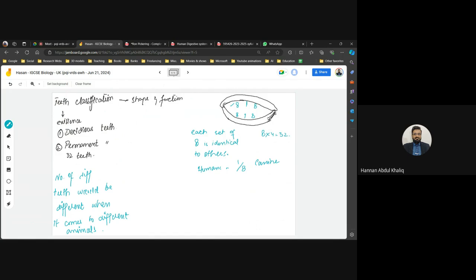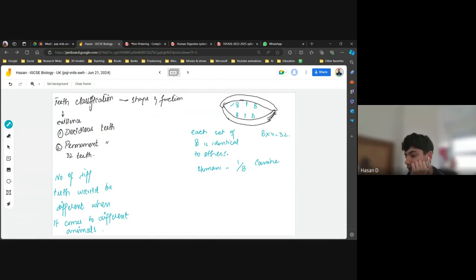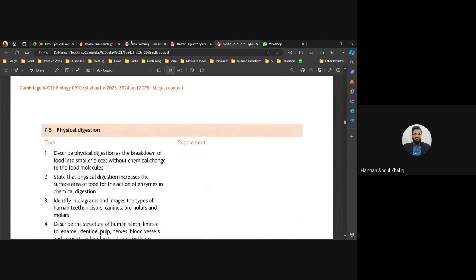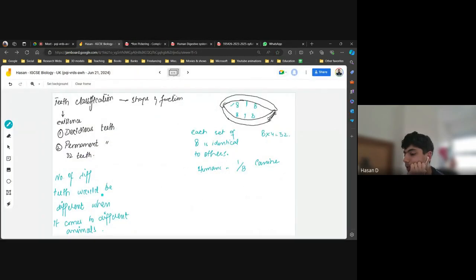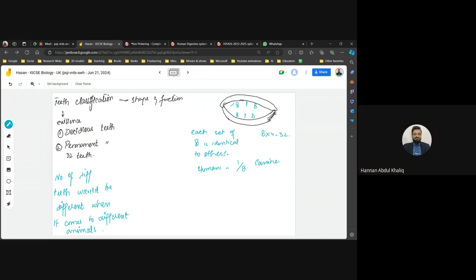Wait, this is hypothetical, right? That if they have four canines, right? Or they do have eight, 1 of 8. All humans have 1 of 8 canine.